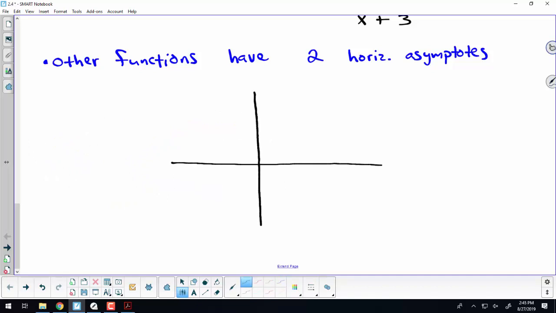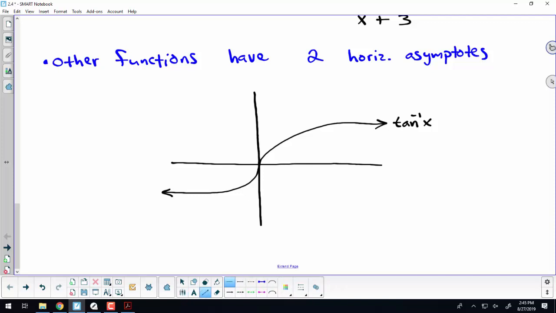So, you know, the inverse tangent looked, oops, something like this. We have these two.